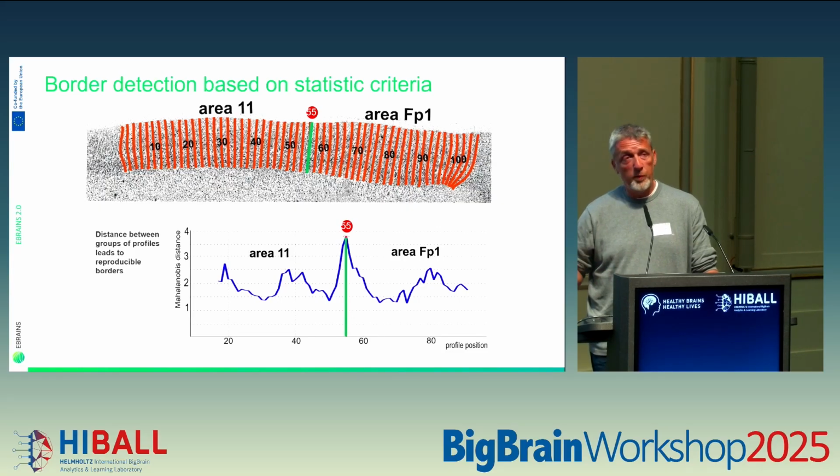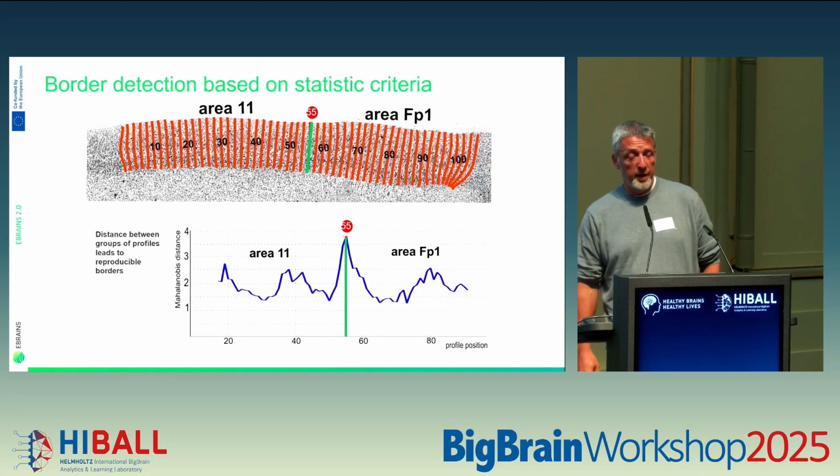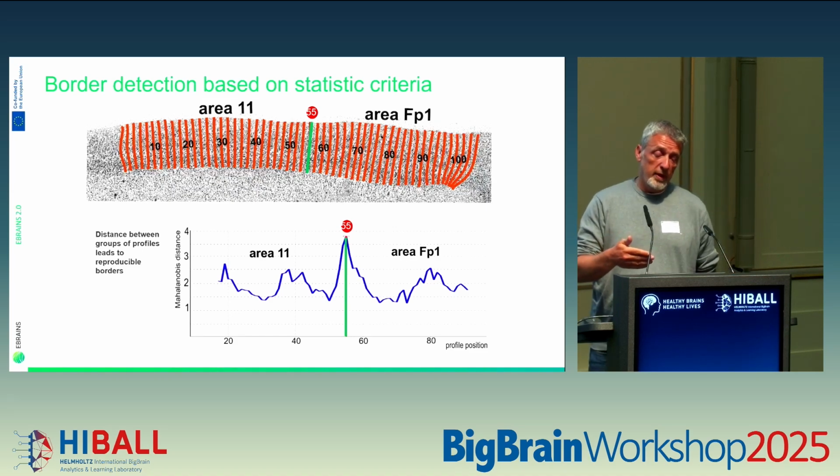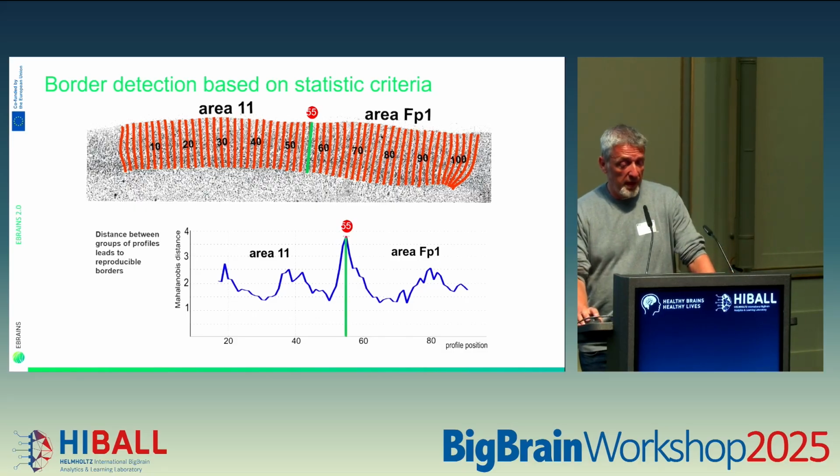Sometimes we have blood vessels or whatever causes some kinds of artifacts here. So we have to detect those borders on a series of sections, which in the end is the strongest hint that there really is a border which can be reproduced. And once this is done, this is integrated into the atlas.